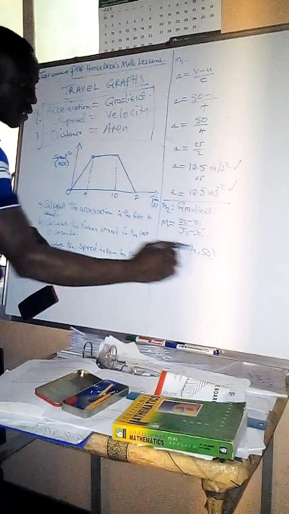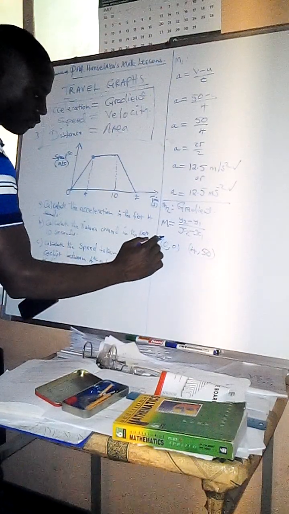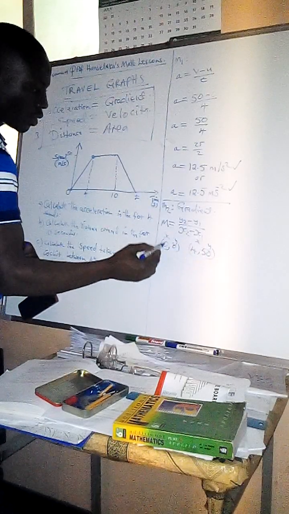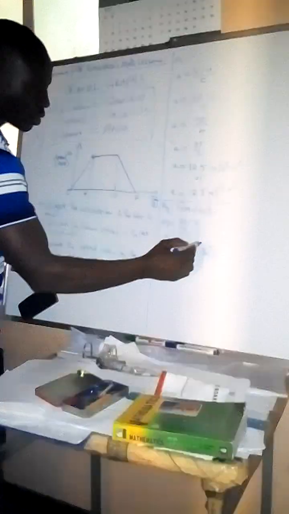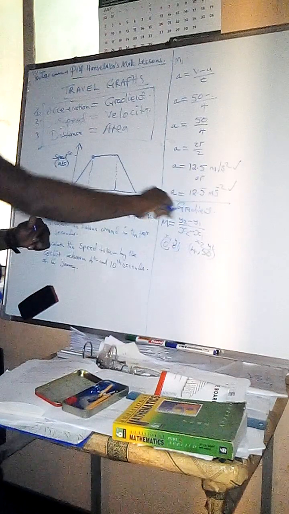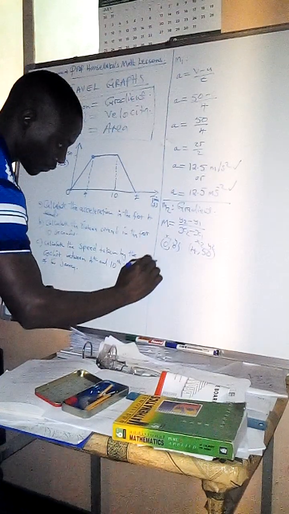Then we name these 2 points that we have. Of course, this will be x, this is y, this is x, this is y, but we name them. You can name these as x1, y1, then this as x2, y2. Then of course we substitute these 2 points into this particular formula.